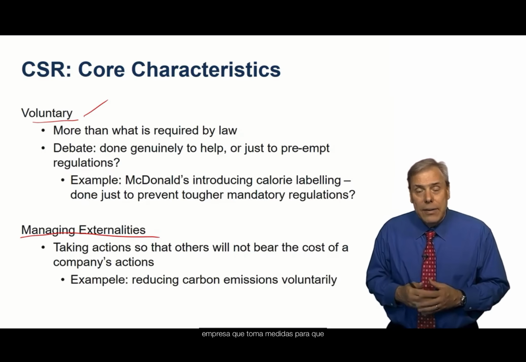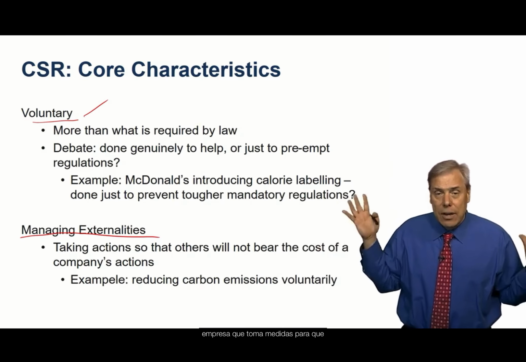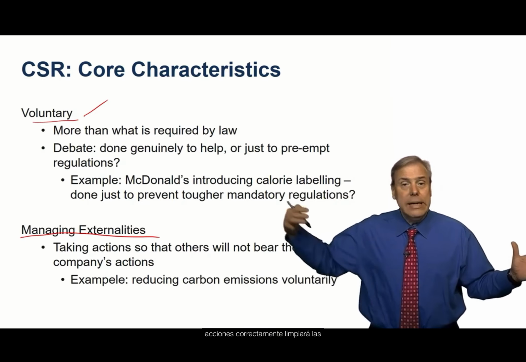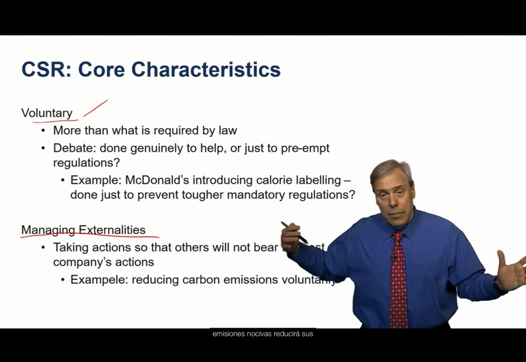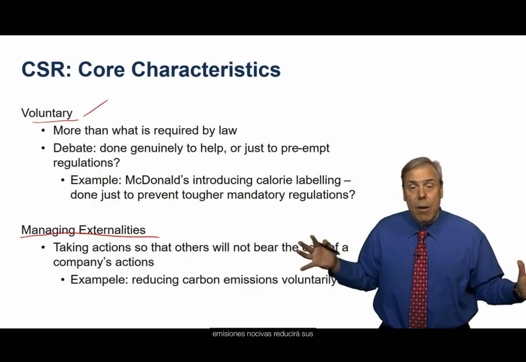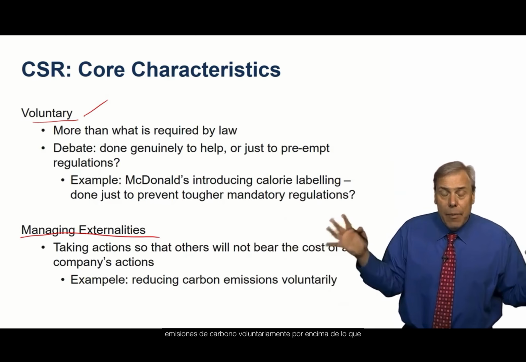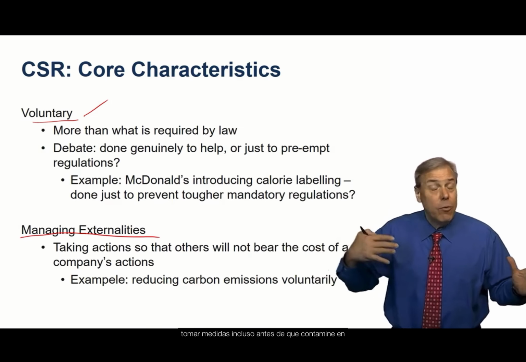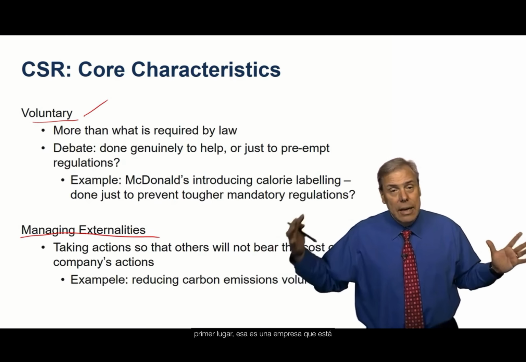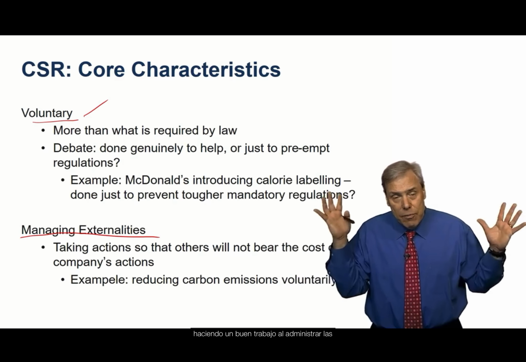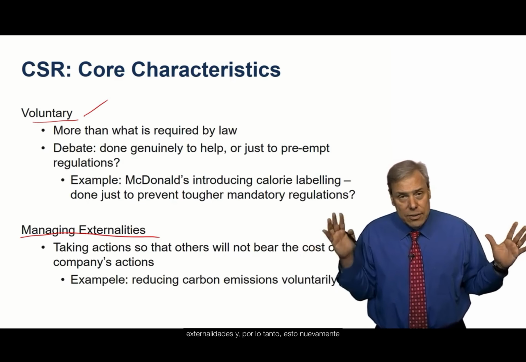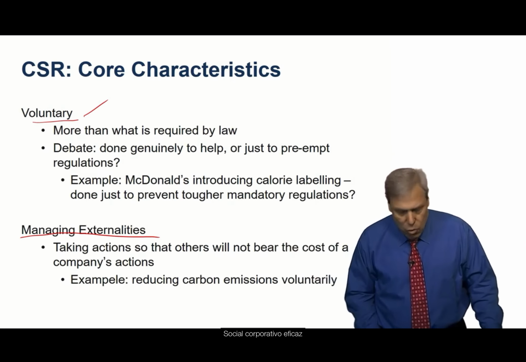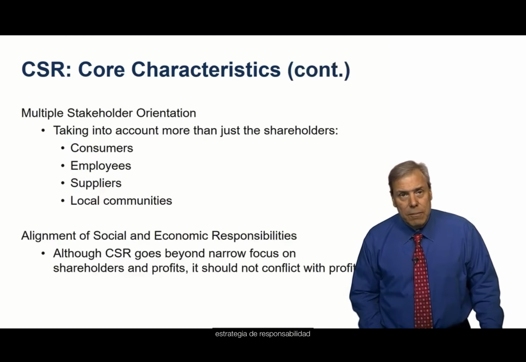Well, a company that takes actions so that others will not bear the cost of its actions will clean up the harmful emissions, will reduce its carbon emissions voluntarily above what is required by the law. Maybe it will try to take action before it even pollutes in the first place. That's a company that is doing a good job of managing externalities. And so this would be characteristic of an effective corporate social responsibility strategy.